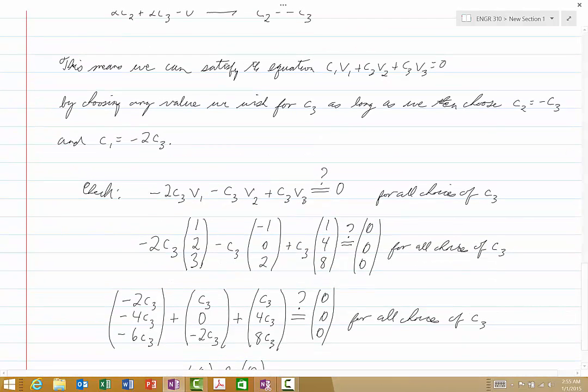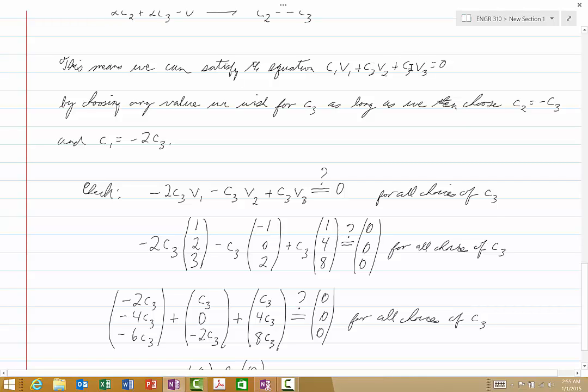And of course, if we remind ourselves of what we're doing, this critical equation is going to be true for an infinite number of combinations of these C1s, C2s, and C3s.